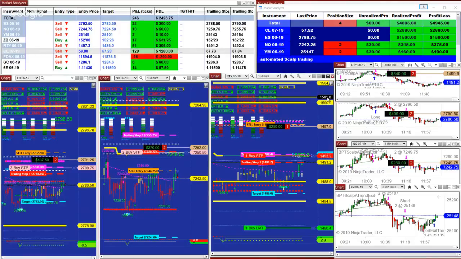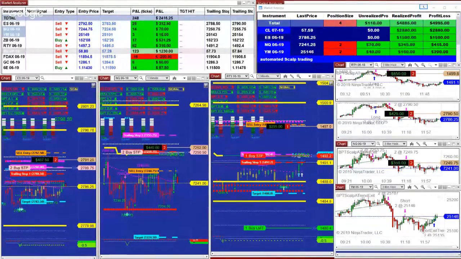We're about to have a new signal on the Russell. Let's see if we can nail it. For some reason lately, I've been noticing the Russell has a first move ahead of the ES and Nasdaq and Dow Jones. So let's keep our eye on it.